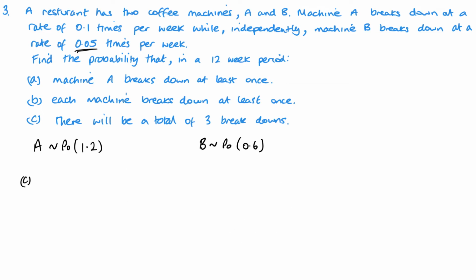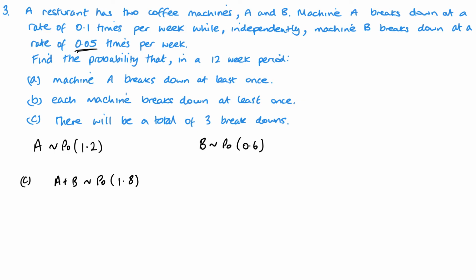Now, part C is a total of 3 breakdowns. The total means we put both machines together, so it's a single distribution. So we have our A plus B, and this is going to be distributed with a lambda of 1.8.